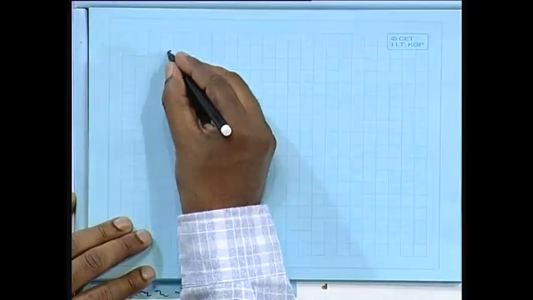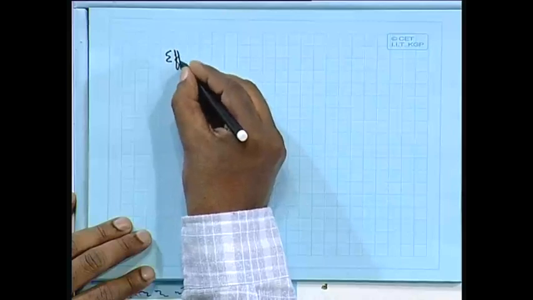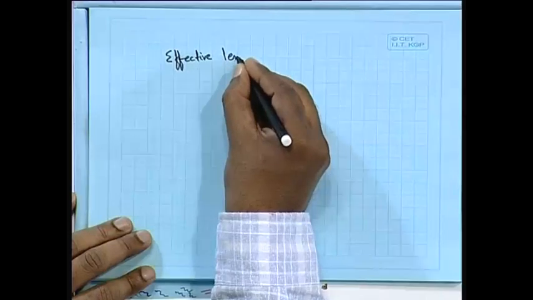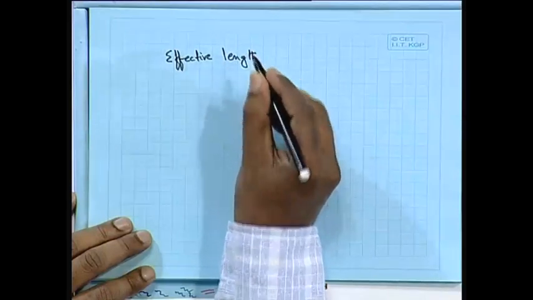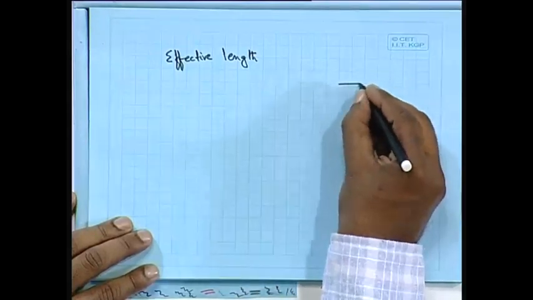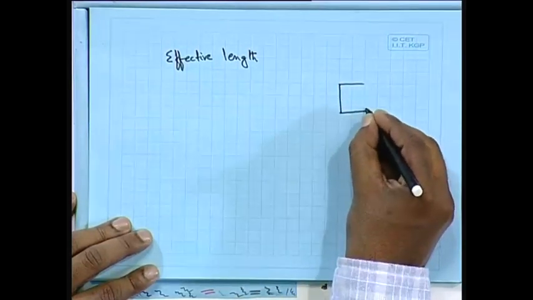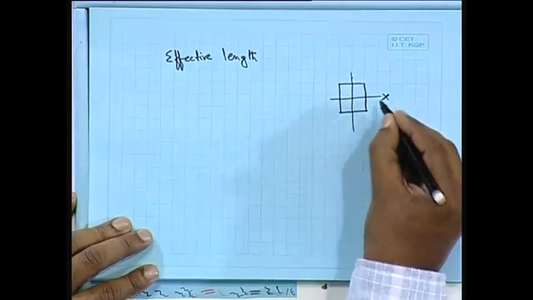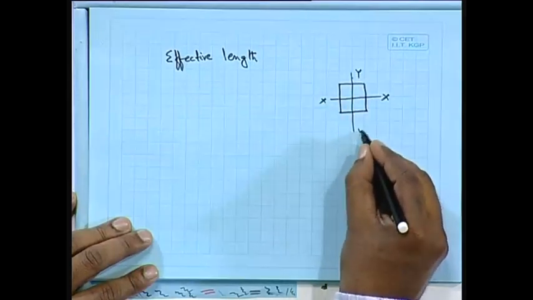Now, come to the design of RC slender columns. Before that we should know why we really need it. That means we have to know the effective length or effective height, whatever you call it. The effective length of a column, if we take a plan or cross section, this is the plan, x and y.